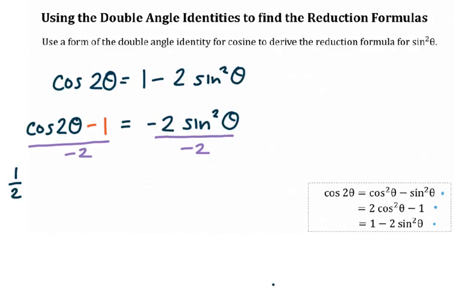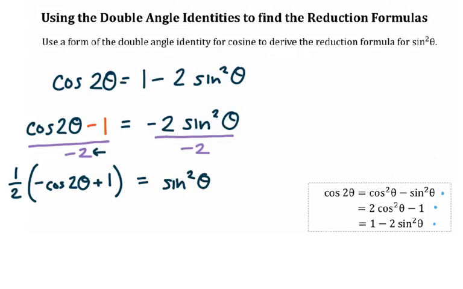Dividing by 2 is the same as multiplying by 1/2, but the 2 we had on the bottom was negative, so that makes the term inside, which was positive cosine, negative, and then a negative 1 divided by a negative 2 makes this next term positive. On the right-hand side, we freed up what we were trying to solve for, which was just the sine squared term.